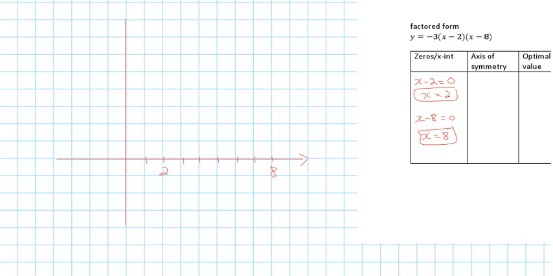You guys agree with this? This is what I just found right now. All right. Now I need to find where my vertex is. The vertex has to be somewhere in the middle between 2 and 8.